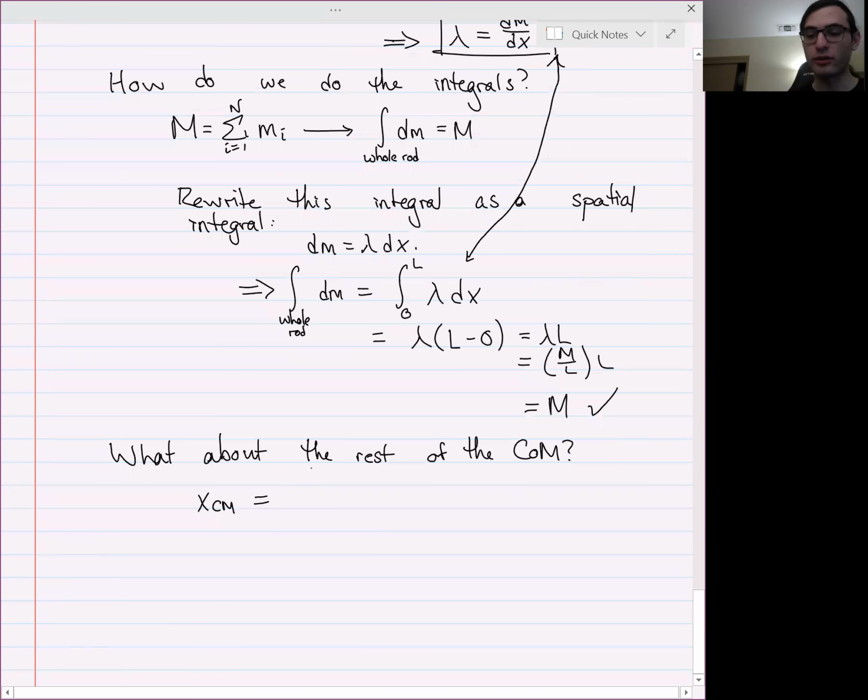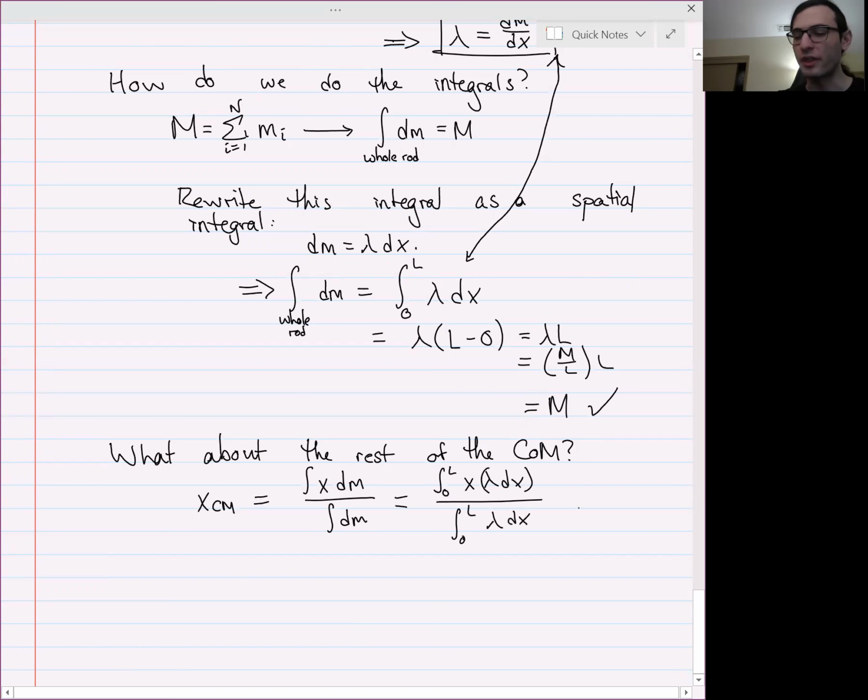So the center of mass in the x direction, again referring back to this rod here, in terms of integrals can be written as the integral of x dm divided by the integral of dm, and the limits of integration are over the whole rod in those cases. And so what we can do is just use the substitution where dm is lambda dx. So this becomes an integral from 0 to L of x lambda dx divided by an integral from 0 to L of lambda dx.